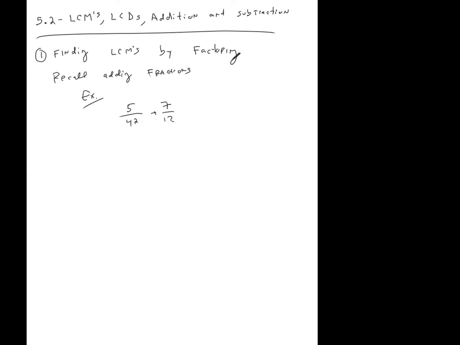And normally what we do is we just find the LCD, right? So we find the LCD to add these unlike fractions.